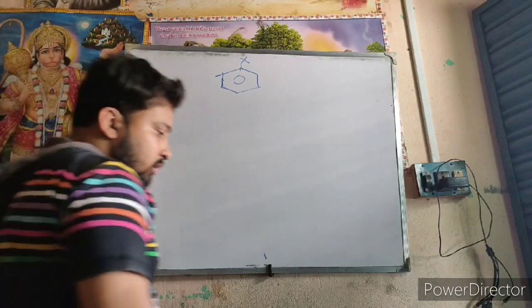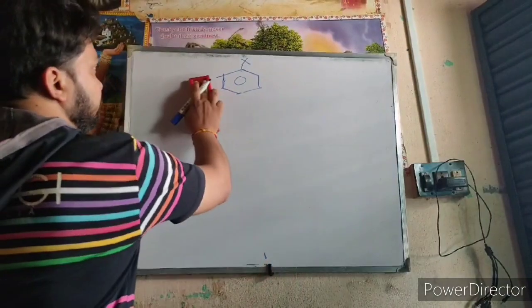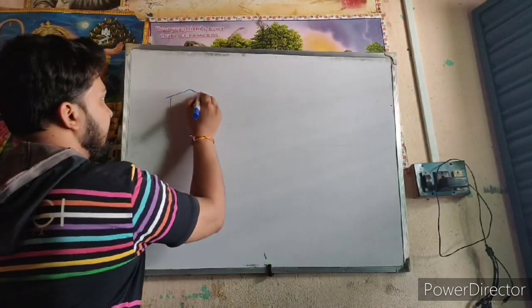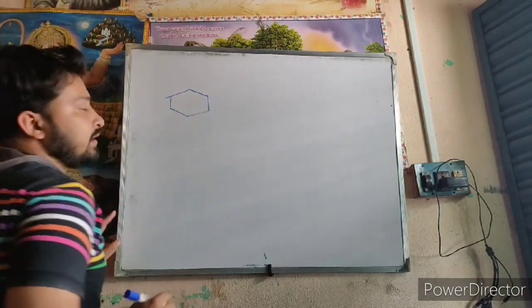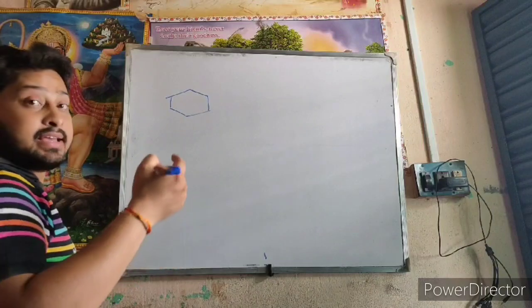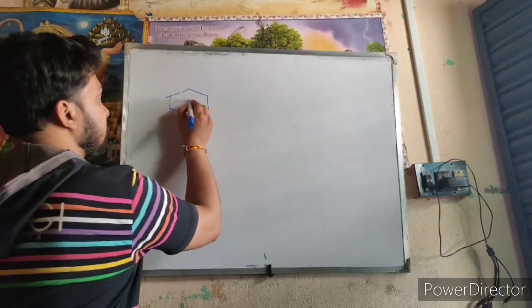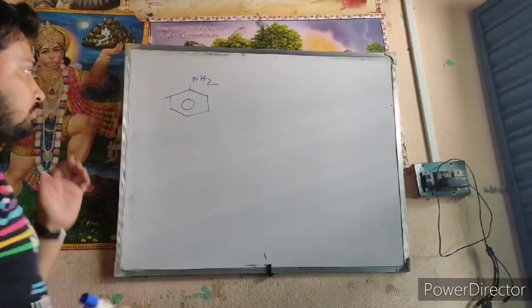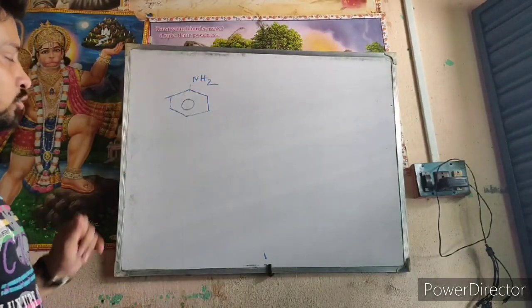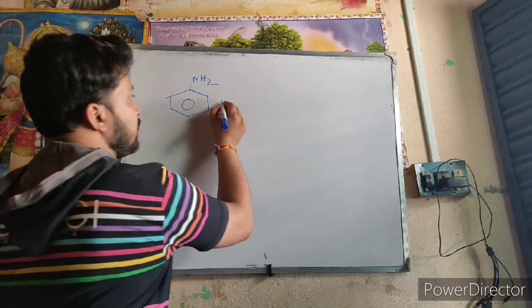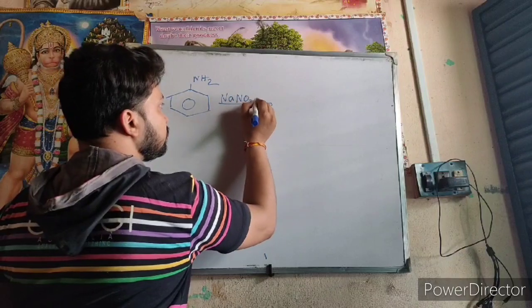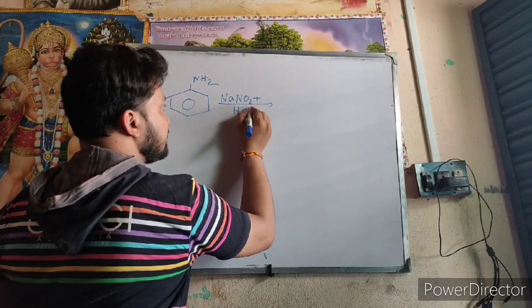Okay, so we take aniline first. This process is the Sandmeyer process. This is aniline, benzene with NH2, and you use NaNO2 plus HCl.